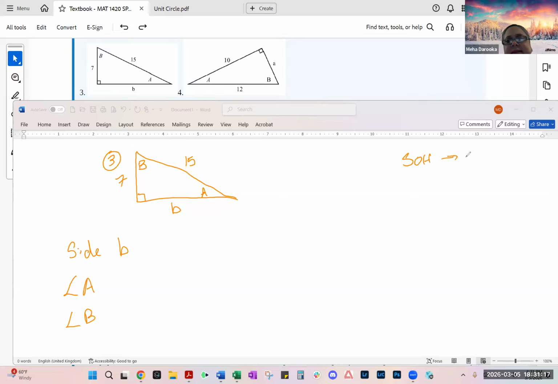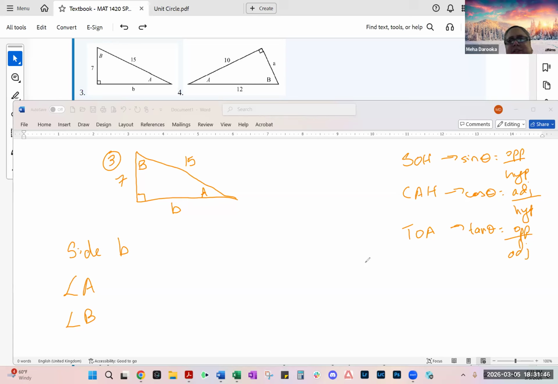The sine function is opposite over the hypotenuse, the cosine function is adjacent over the hypotenuse, and tangent is opposite over adjacent.